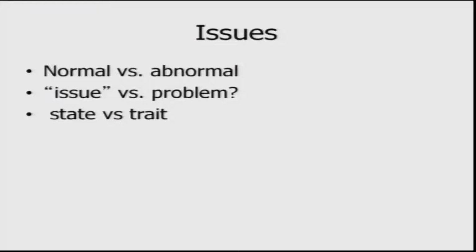It is a state versus trait. A state is temporary, a trait is more or less permanent. So, a child who is having a fever and is irritable, but otherwise not irritable, is a state. Compare it with a child who is always irritable for a very, very prolonged period.